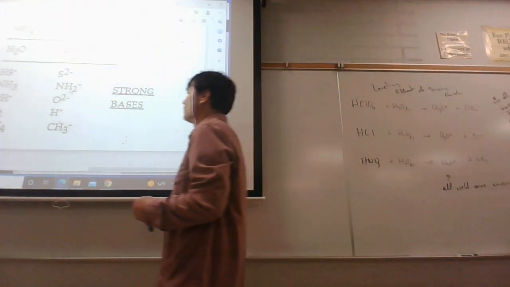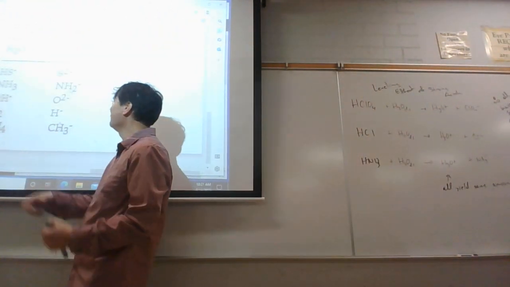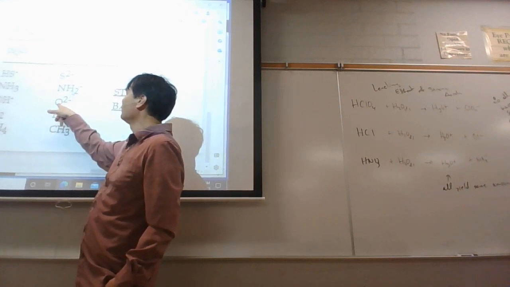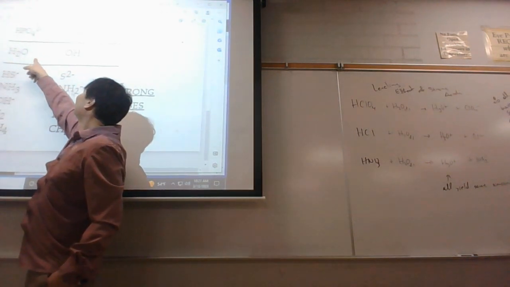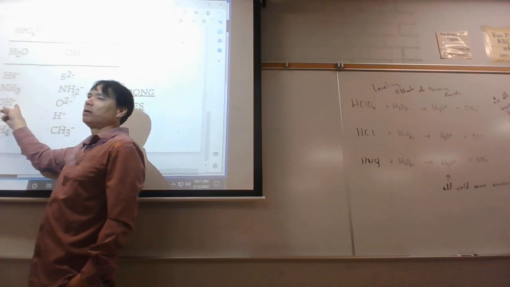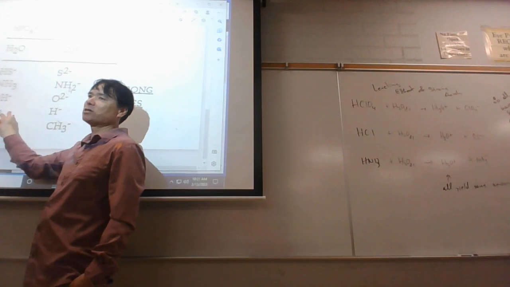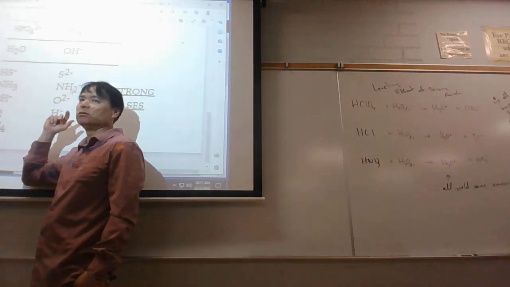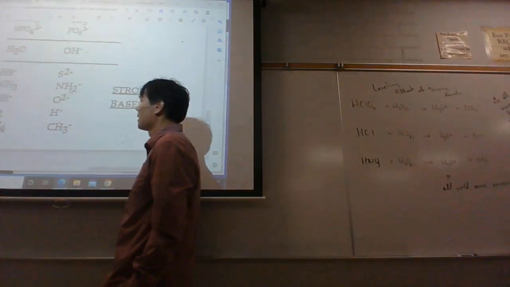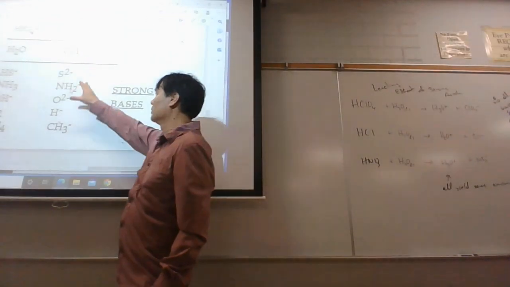The only tricky one is oxide. When oxide reacts with water, we form hydroxide and hydroxide. And so here we double the amount of hydroxide. So oxide is actually going to yield more hydroxide than the others. This is just the ability to pluck a proton off.